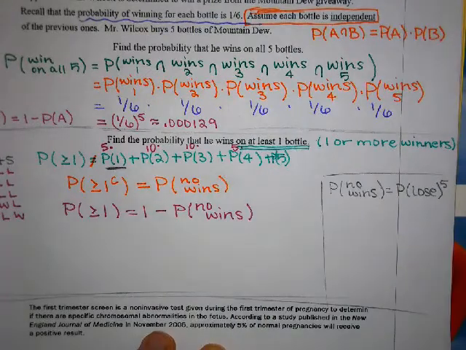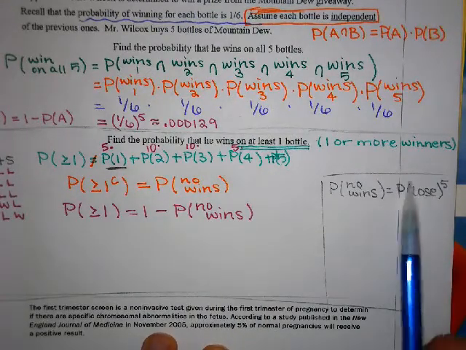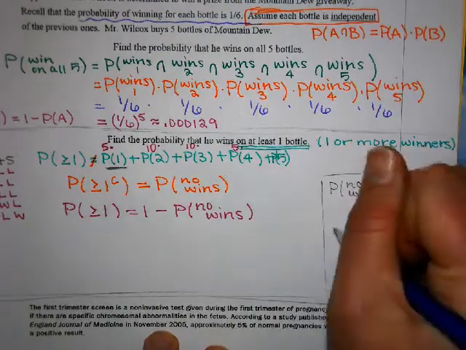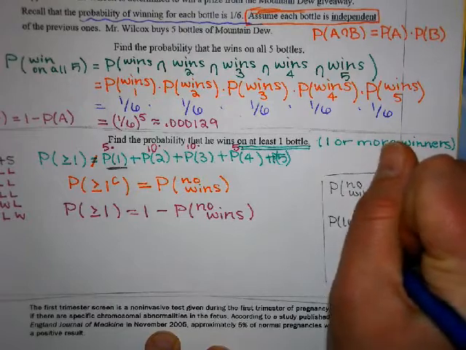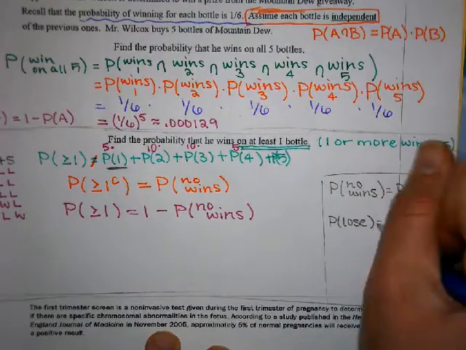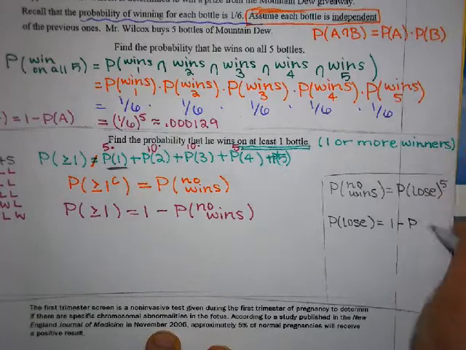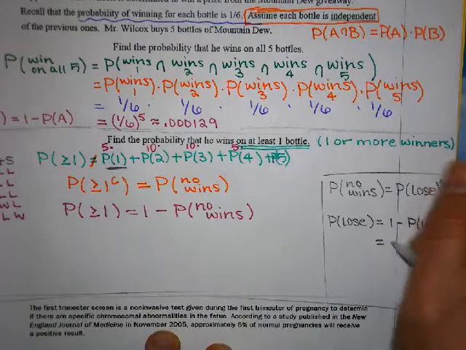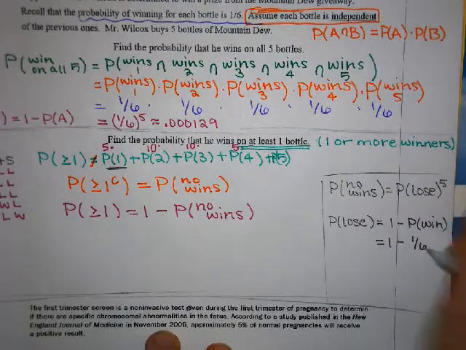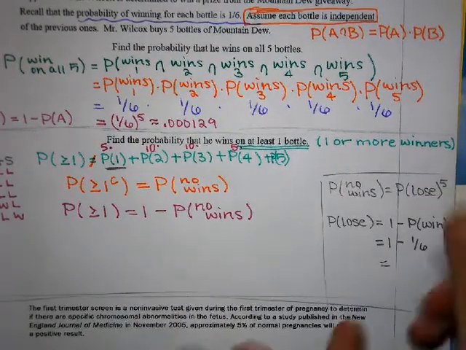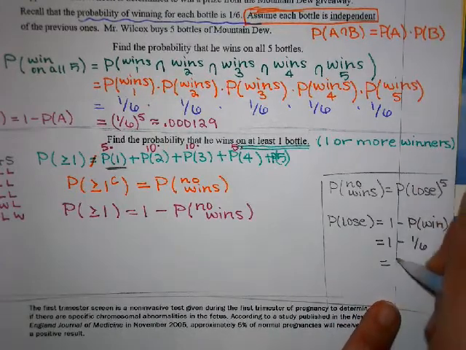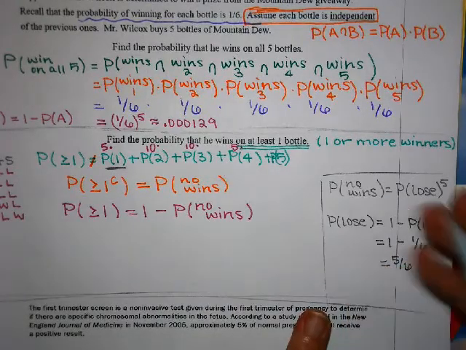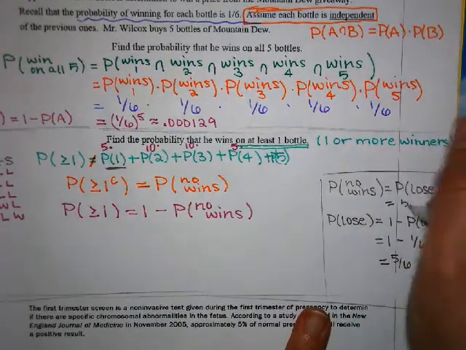But I have to use the probability that the bottle is a loser, not a winner. And the probability the bottle is a loser comes from 1 minus the probability the bottle won, or is a winner, which we're told the probability of winning is 1/6. So the probability that it's a loser is 5 out of 6. So the probability of no wins is (5/6) to the 5th.